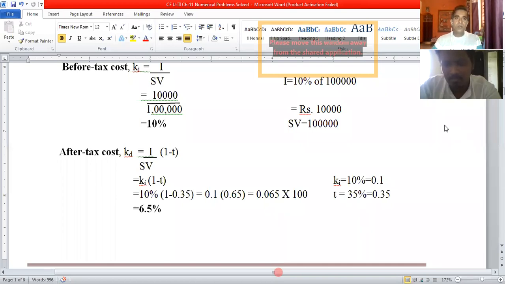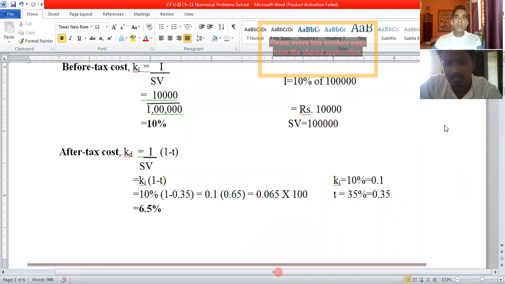Okay, so this is what we learned now: how to calculate the cost of perpetual debt or irredeemable debt. I repeat, irredeemable means the principal amount of the debenture will not be refunded to the debenture holder. Now we'll go to the second type of debt or debentures.